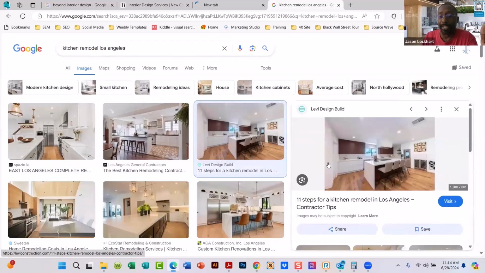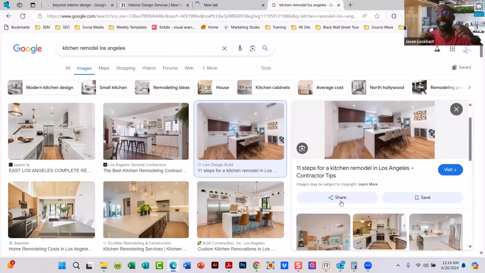And if you click on it, it'll take them to your website. That's an easy trick that a lot of designers don't do. They just don't know how. But if you know what to do and you're naming your images properly, you have a chance to get your images up there even before your website is up there.